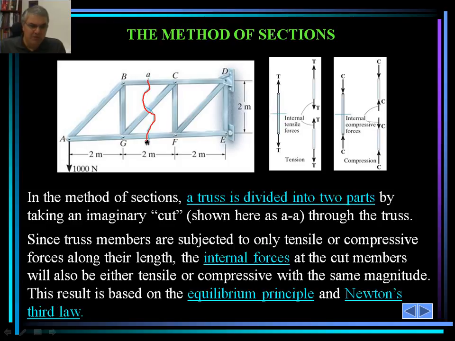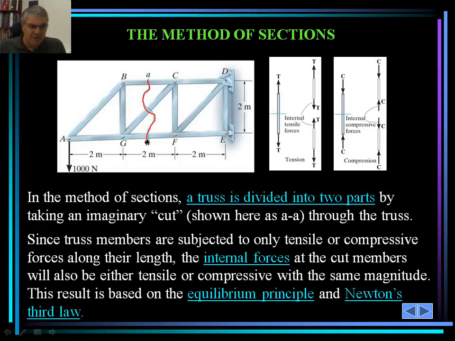These forces would also be either tensile or compressive, and not both combined, although there might be tension-compression type members in a truss, but those are unusual, and we don't look at those types of cases here. So a member is either in tension or in compression.